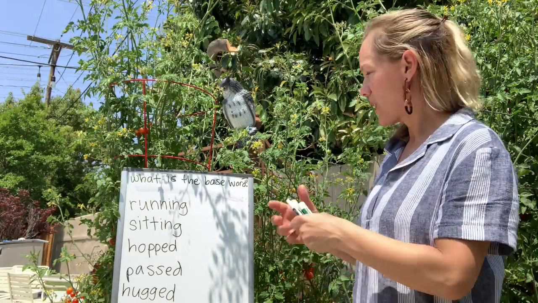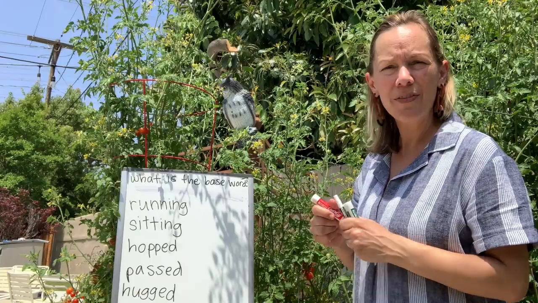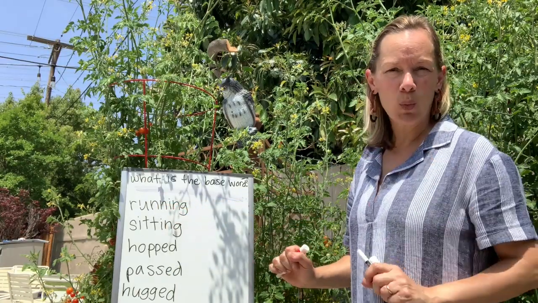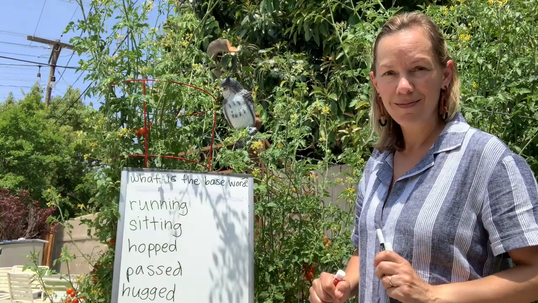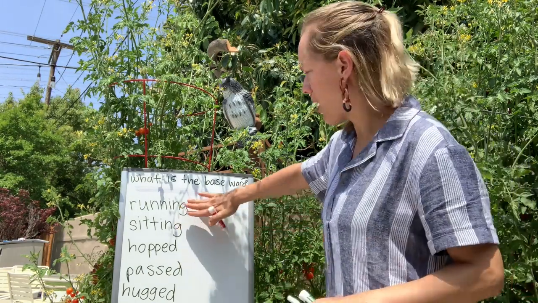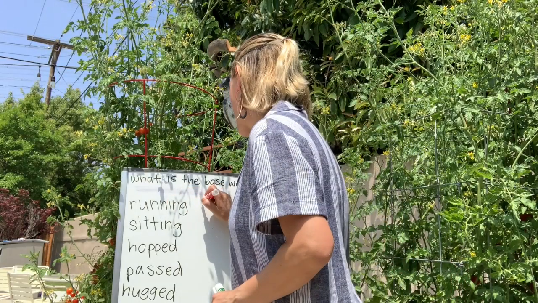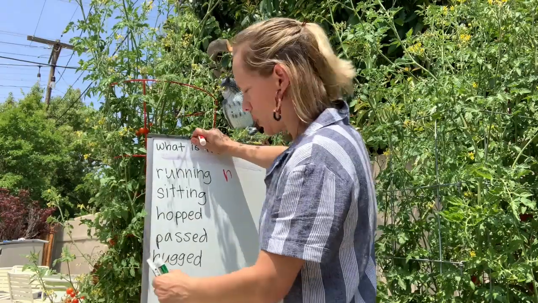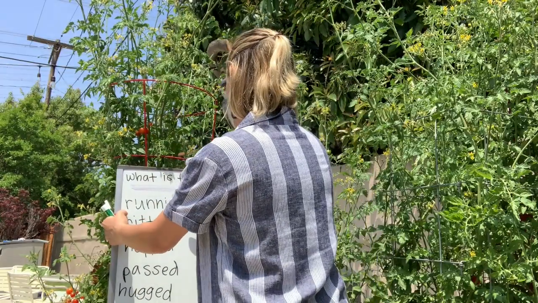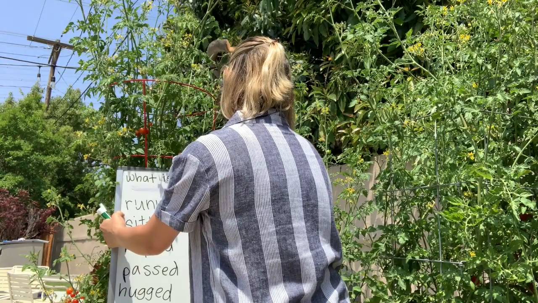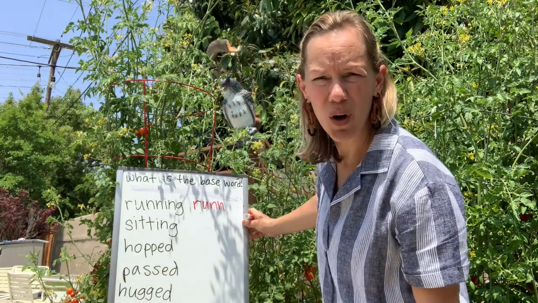I do. So, if we have the word running, the base word is run. Be careful. Do not take off the ing and write R-U-N-N because that is not a word.